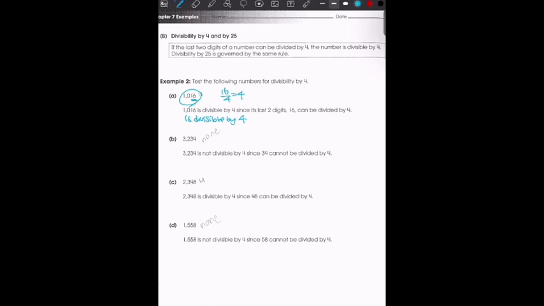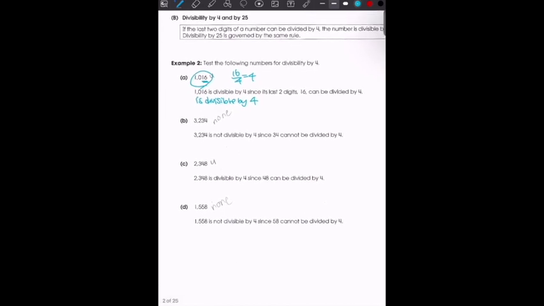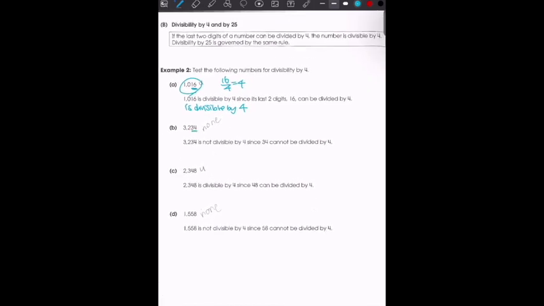Now for 3234, if we look at the last two digits, we have 34, and 34 is not divisible by 4, and so the number is not divisible by 4. And if we have the number 2348, we're going to look at the last two digits, 48, and 48 is divisible by 4 because 48 divided by 4 is equal to 12.